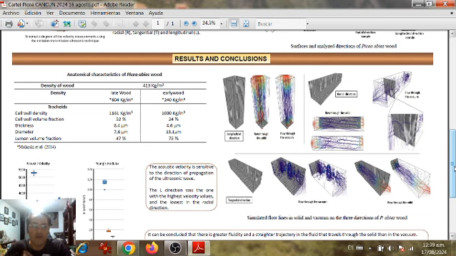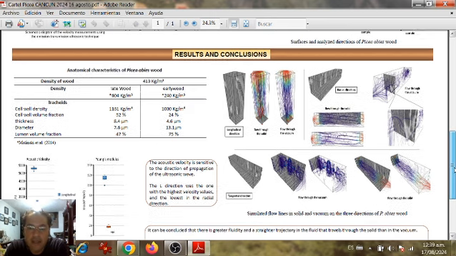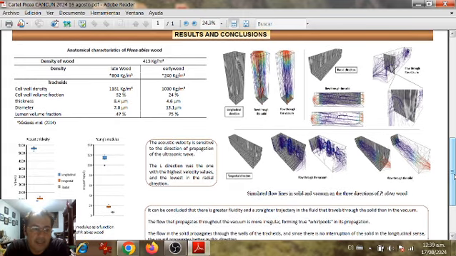So the lumen volume fraction is 37 and 75, so it's the opposite when we have the early wood. So we can notice that the acoustic velocity is higher when we are measuring in the longitudinal direction.